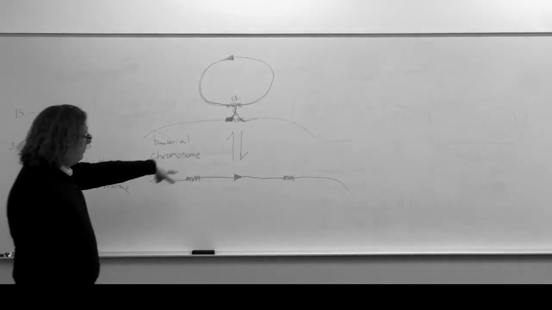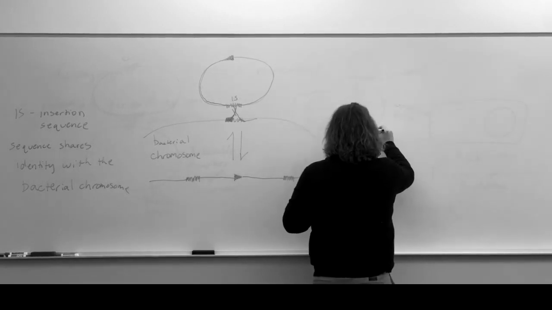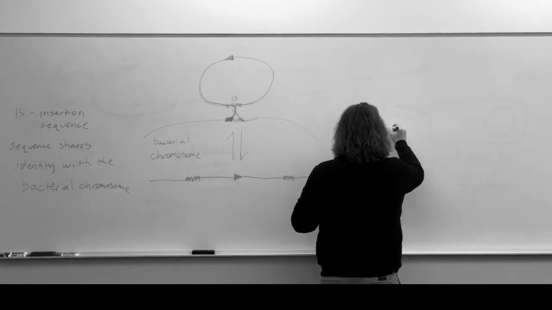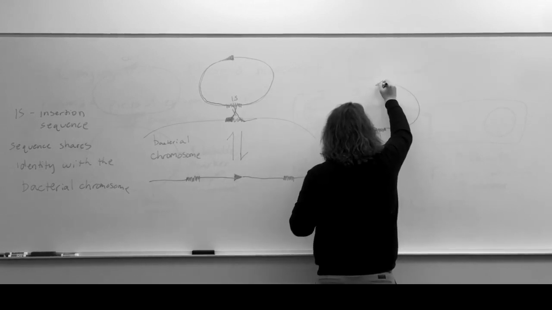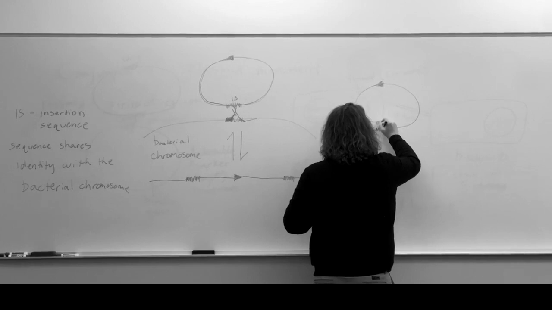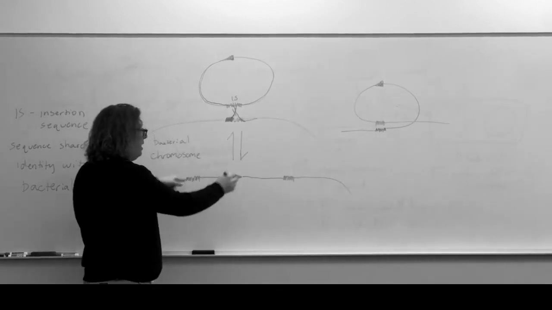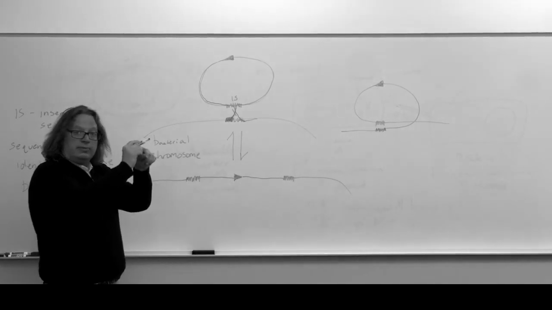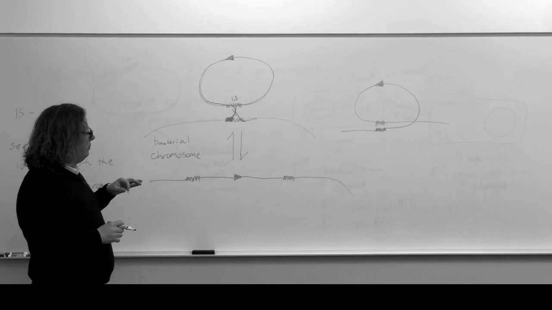How does this flip out? Well, think of it this way. So we have a looping piece of bacterial chromosome where this at any given point can recircularize and pop back out of the genome.